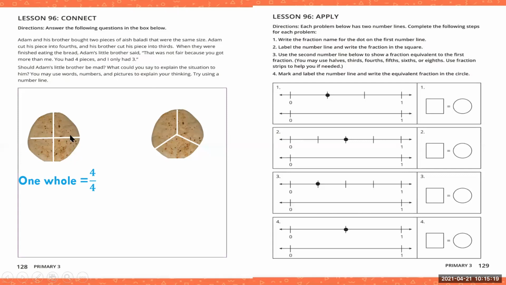One whole means the same number over itself. 4 pieces out of 4 pieces. So one whole equals 4/4. And here, one whole equals what? Great. Here, one whole, 3/3. The same amount. Okay?